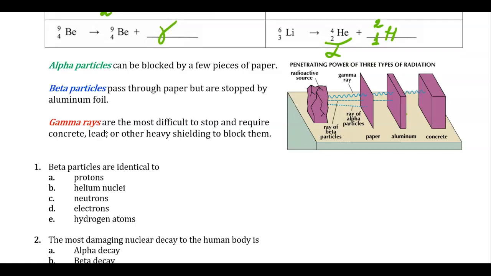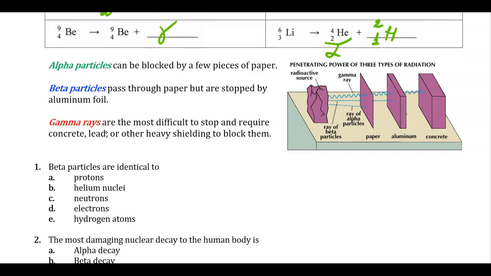But the most dangerous, the most harmful rays are gamma rays because to be stopped, they require concrete, lead, or some heavy stoppers. Okay, so this is the example of concrete.